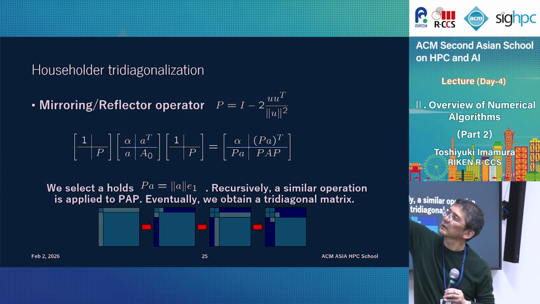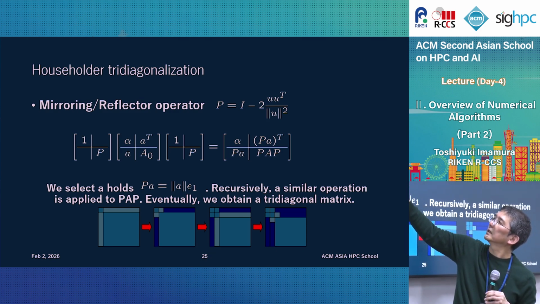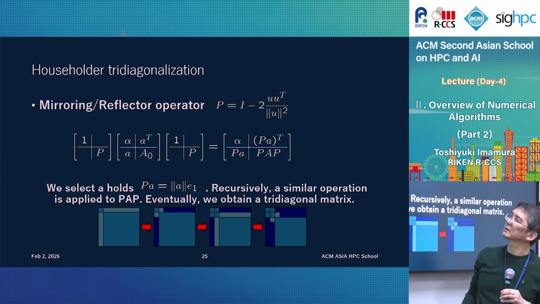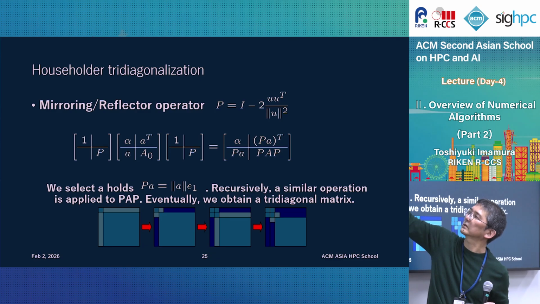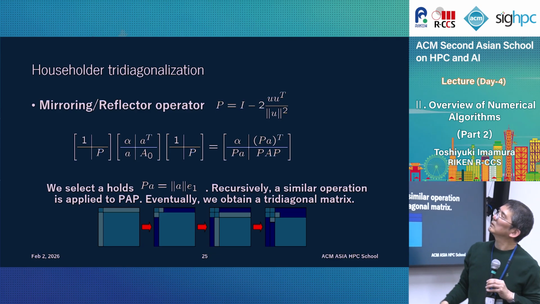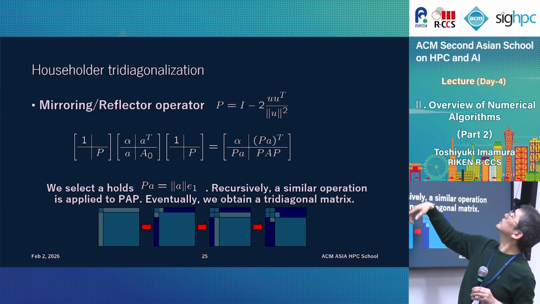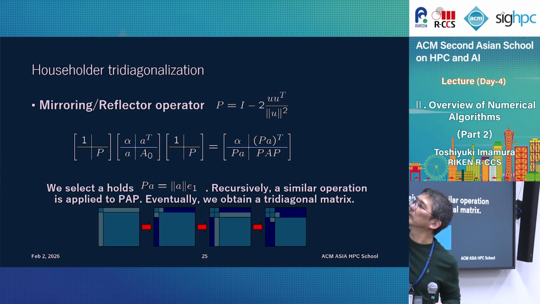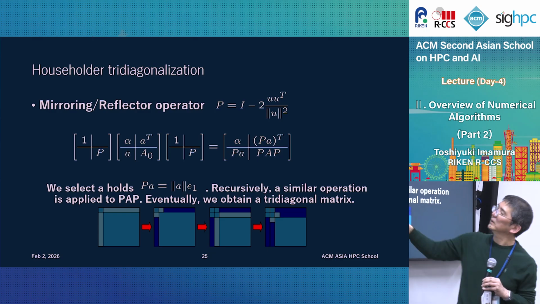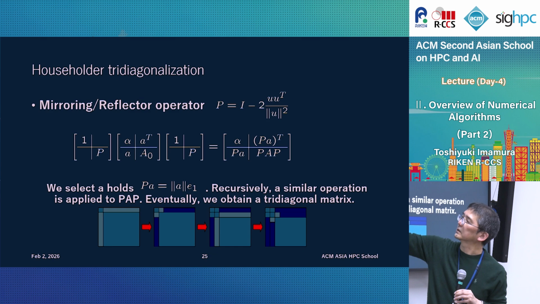So A, four parts. The left upper corner is only one scalar value, and then the row vector and the column vector, like that. And we choose the matrix with this structure, and then P as like this.